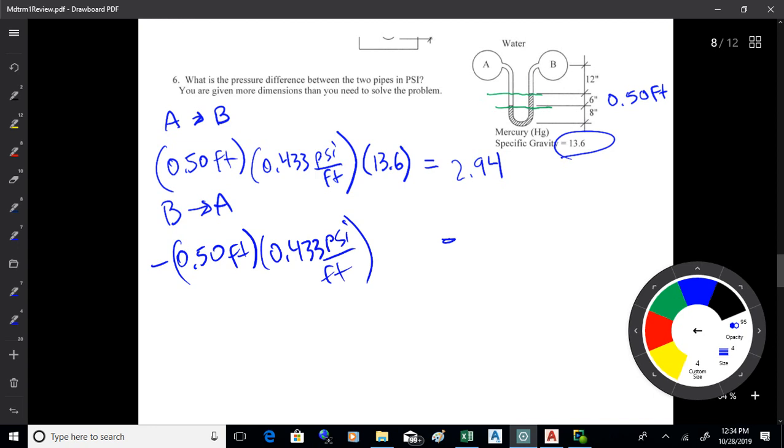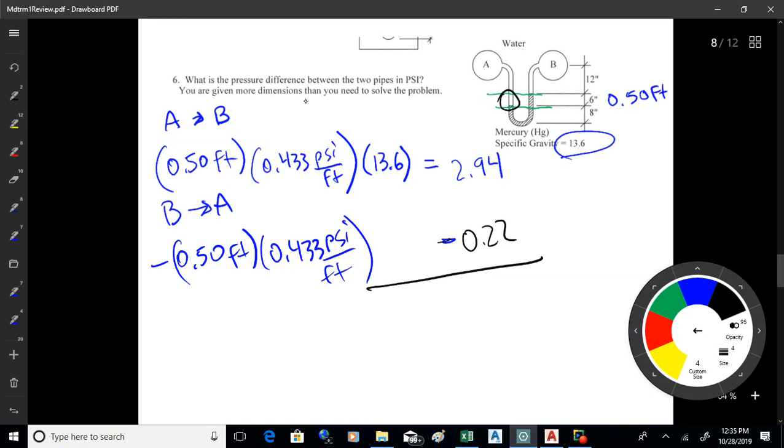It's just a little bit because there's just a little bit of water over here that's being held up by B and pushed towards A. And we got to remember to take that away. And that's about 0.22, I think. Okay. I think anyway. Yeah, we'll call it 0.22.